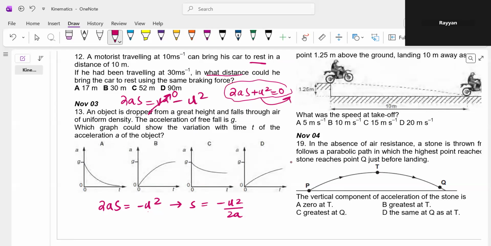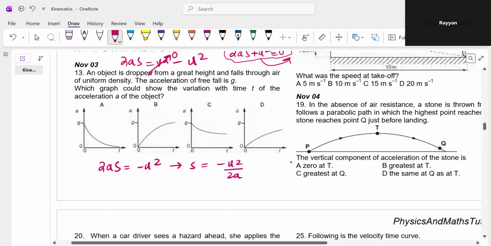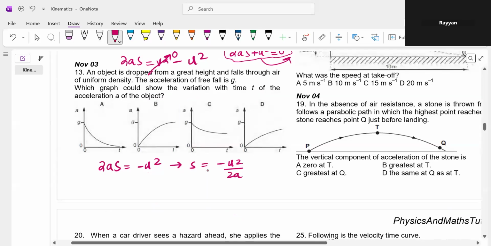Constant braking force means the deceleration will remain constant. So this negative part will remain constant, and you can simply say that s is directly proportional to u square because your acceleration is constant. Are you getting my point?